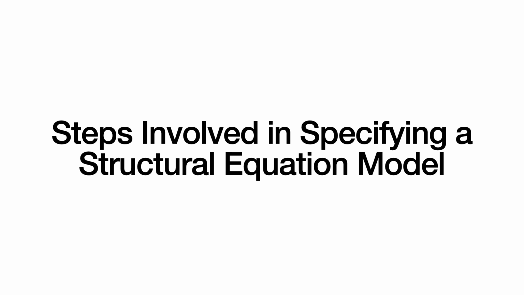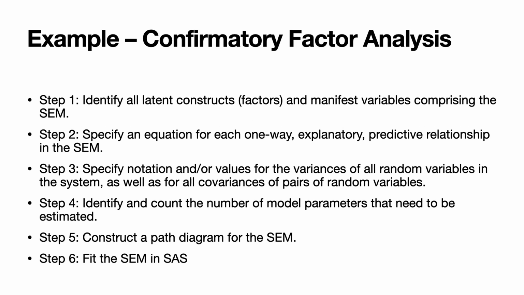Next, let's review the steps involved in specifying a structural equation model. Step 1. Identify all latent constructs or factors and manifest variables comprising the SEM. Step 2. Specify an equation for each one-way, explanatory, predictive relationship in the SEM. Step 3.